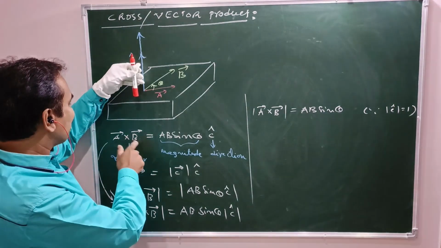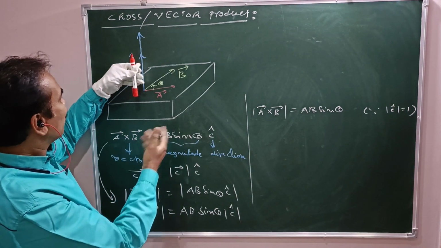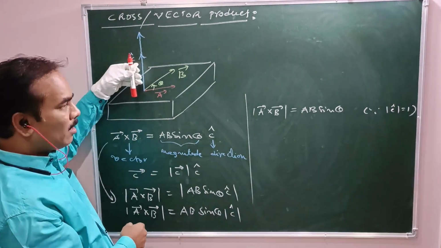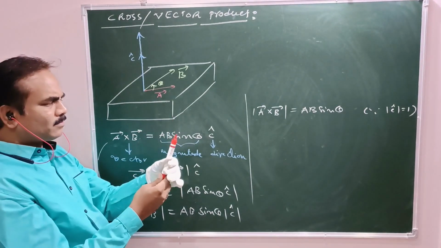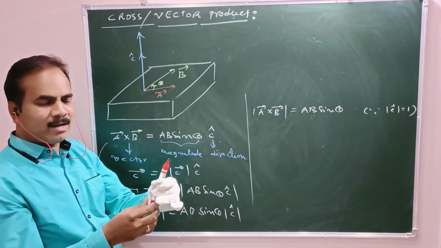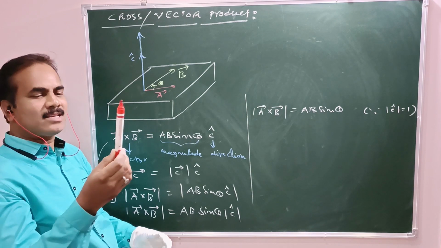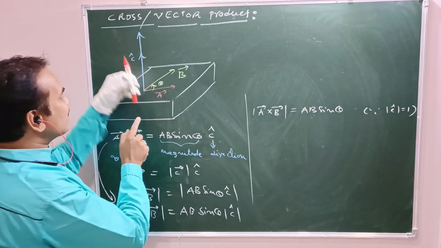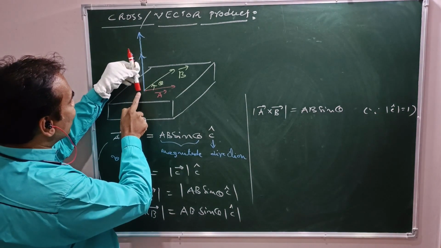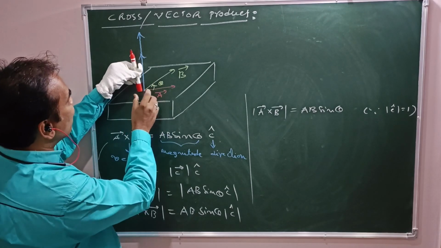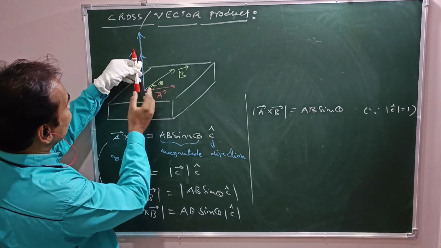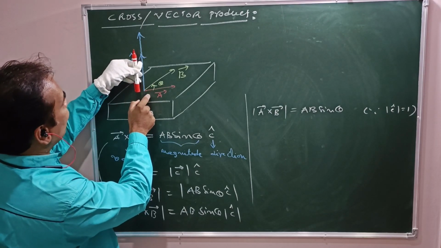So if you want to get the direction of A bar cross B bar with the right hand screw rule, take one right hand screw such that its head coincides with the common point of A bar and B bar, as shown in the diagram.